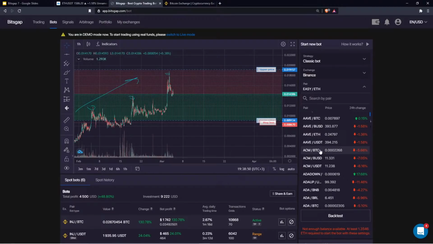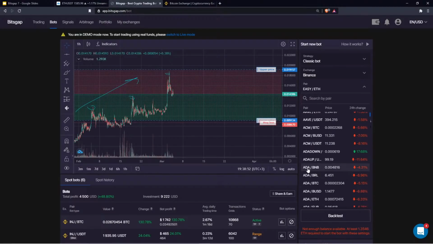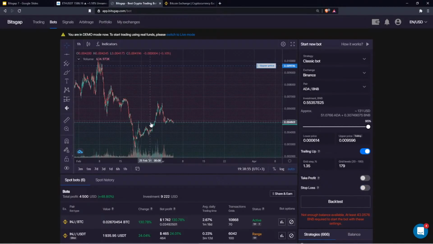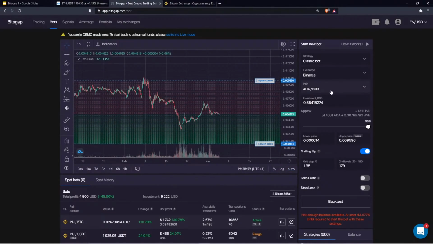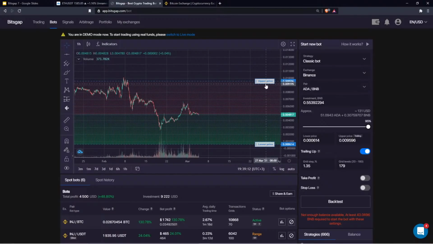So you see, you can generate returns in Bitcoin, in Ethereum. Yeah, you see Cardano trading to BNB. So if you want to accumulate returns in BNB, find those cryptocurrency pairs that look solid right now, that look like they are going to appreciate, and stick with these strategies.